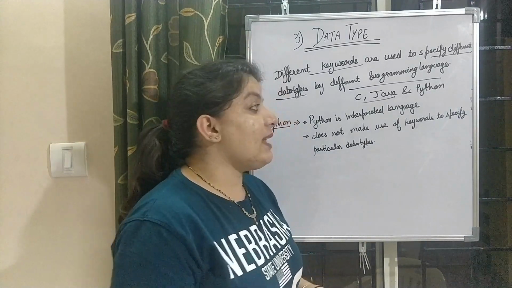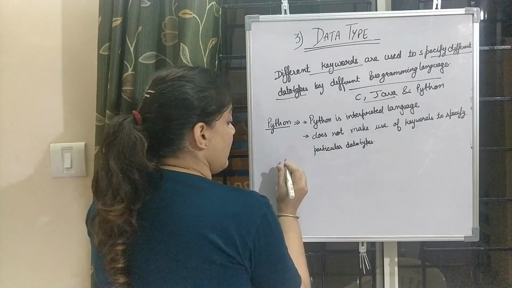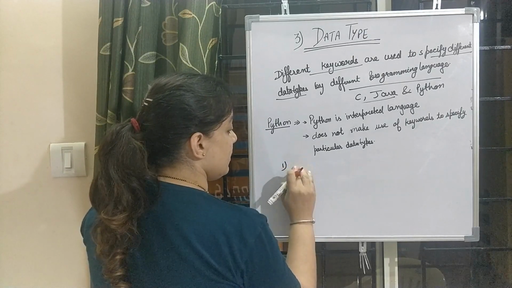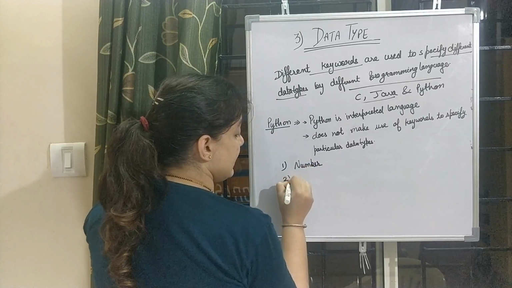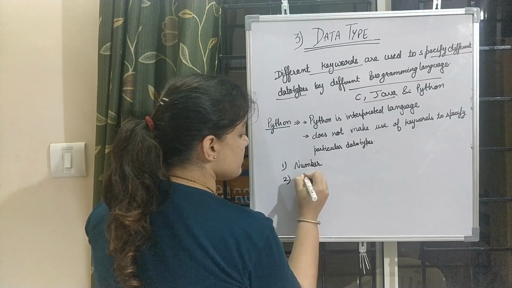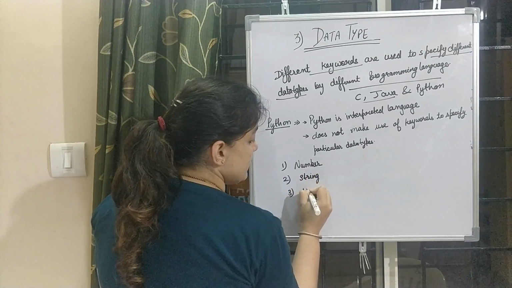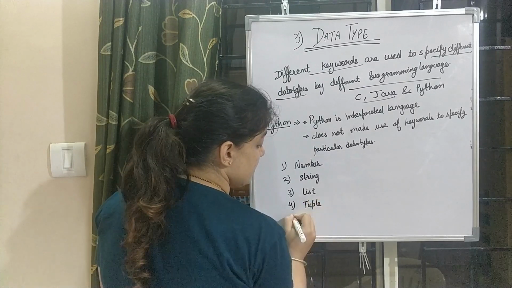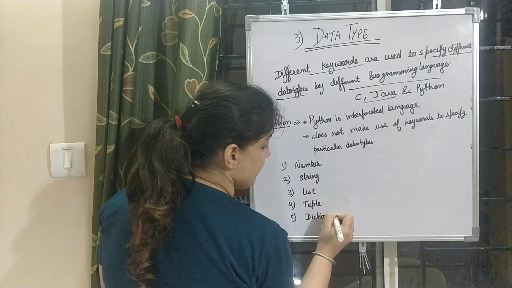But Python has only 5 standard data types, which are: first, numeric or number; second, string; third, list; fourth, tuple; and fifth, dictionary.